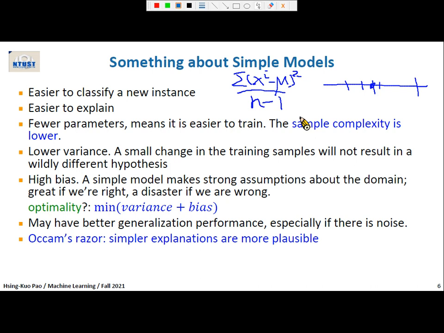The unbiased estimation means that, given a lot of them, we don't overestimate and we don't underestimate. Unbiased means what we want to predict is the right thing. So the unbiased estimation is to divide by 4.